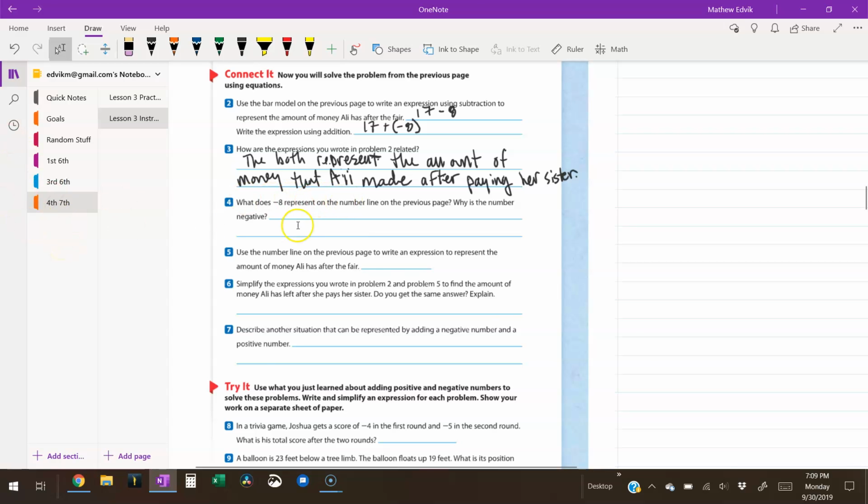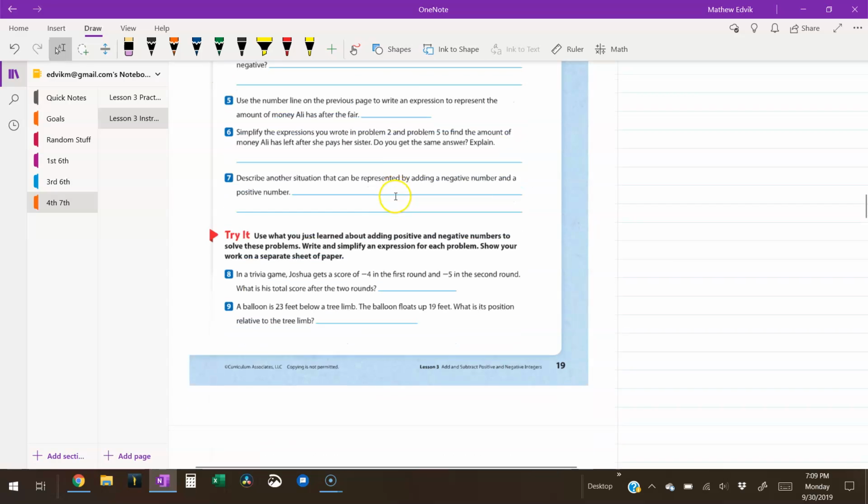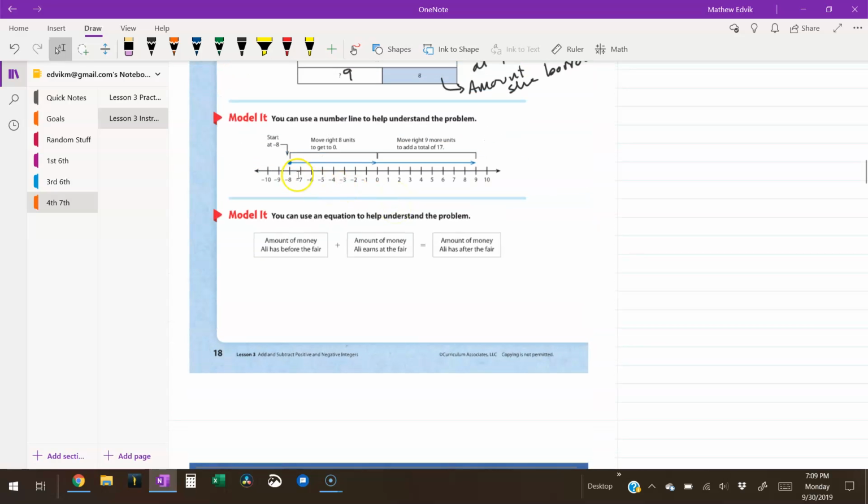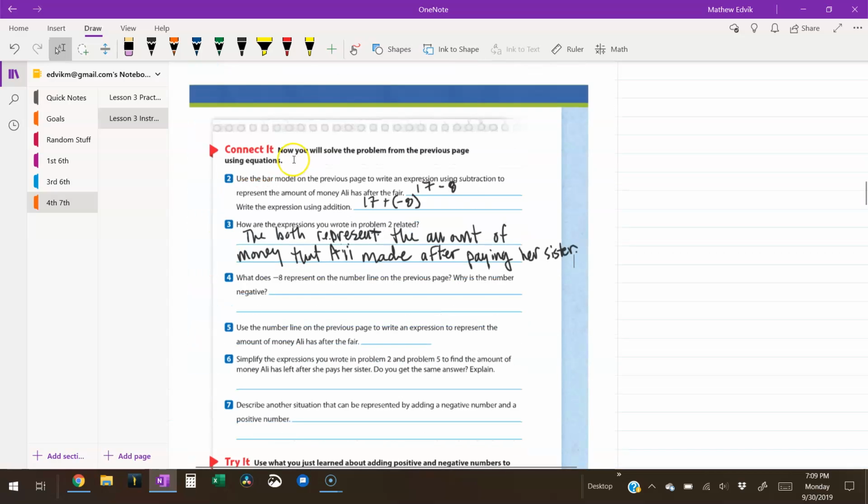So then we get to question 4, and this is kind of where we left off yesterday: what does -8 represent on the number line of the previous page? So this is the number line, and we started here at -8, and so what does that -8 represent?